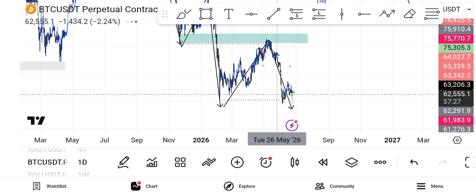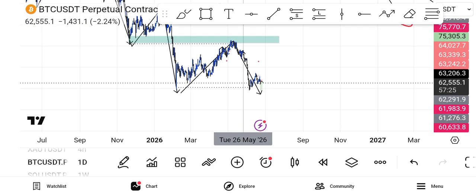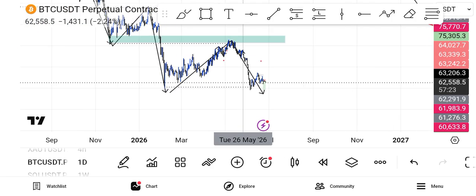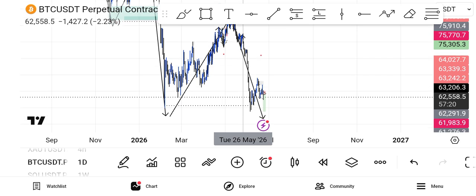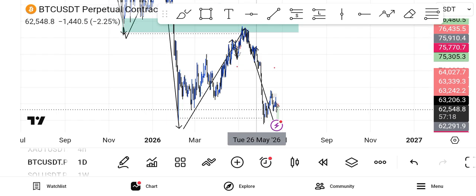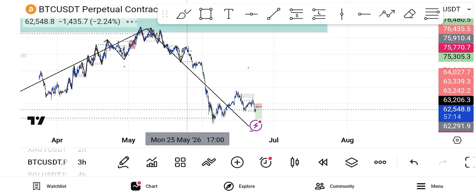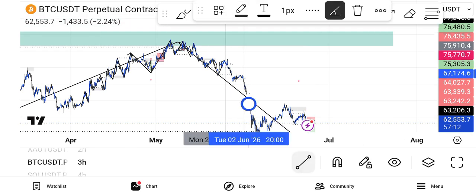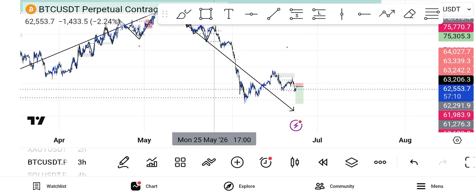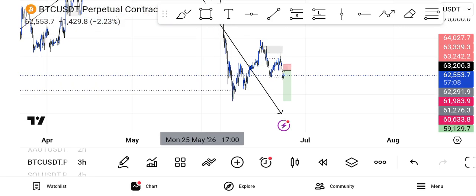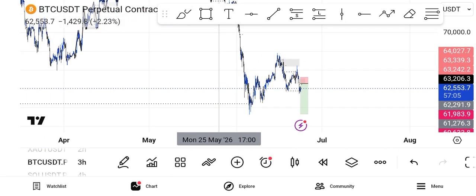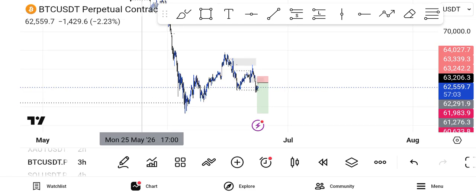So you see how you just use your lower time frame and your higher time frame to navigate and understand exactly what the market is actually doing here. So let's go back to understanding the flow. The market already took out this key level, but I still think we're bearish.